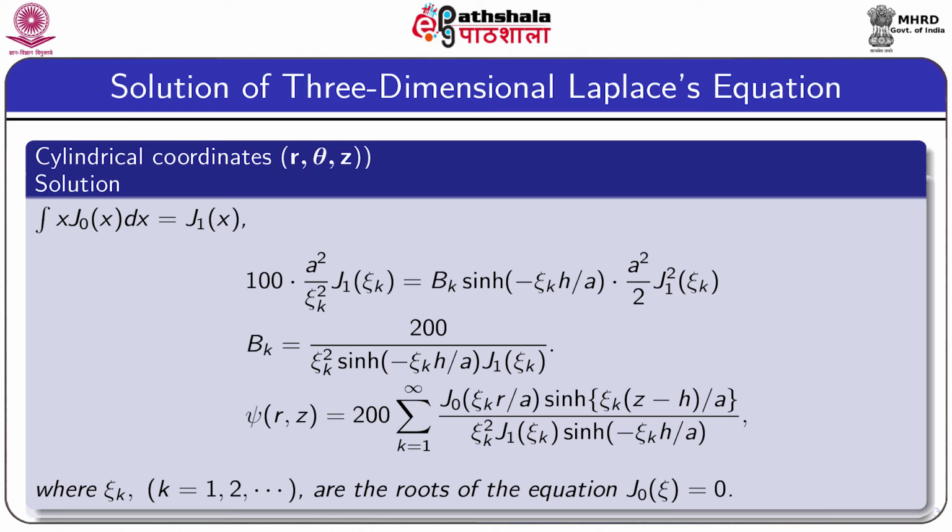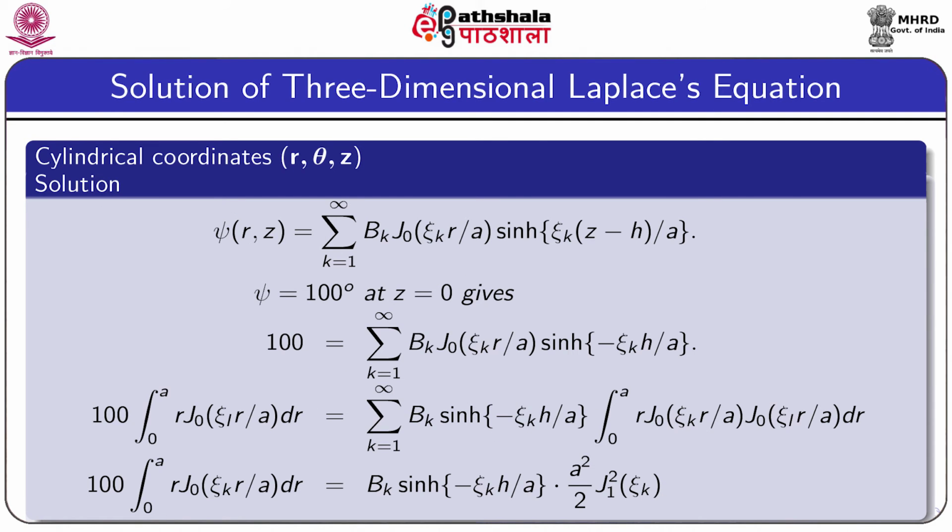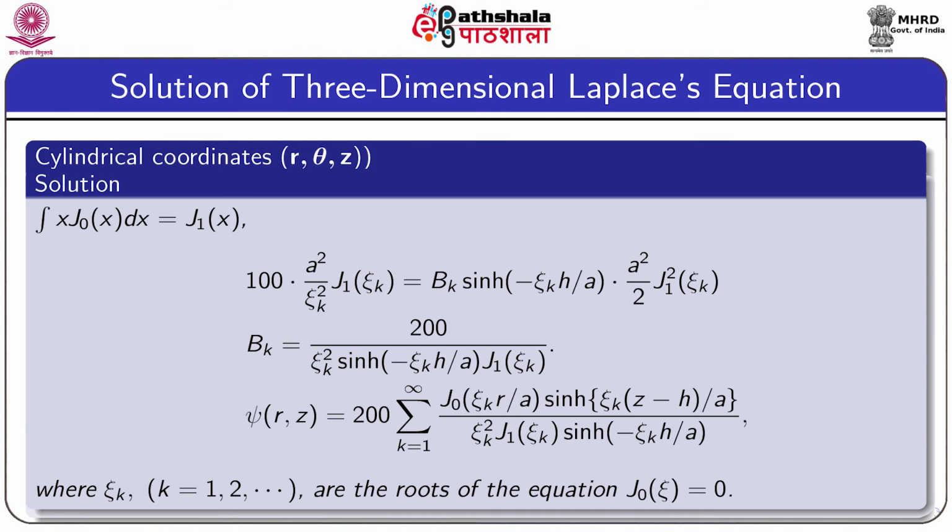From this relation we can easily find the value of b_k. So, it is written here. The solution of the given problem becomes psi equals the sum over k of b_k J0(xi_k r/a) sinh(xi_k (z - h)/a), where these b_k are given by this relation.